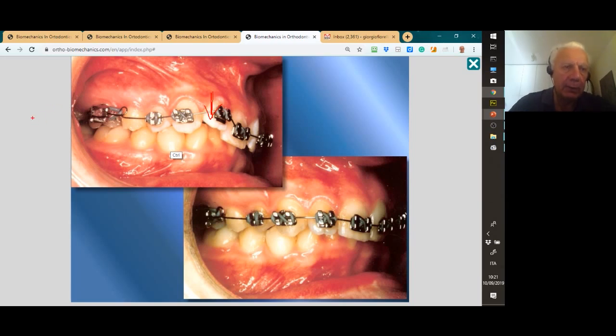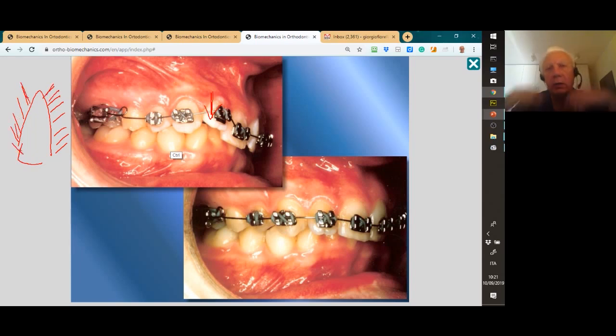Why is this? Because the root is only kept in its vertical position by these periodontal fibers, and you don't need any bone rearrangement in order to move the tooth in this direction by extruding it. On the contrary, the intrusion movement that would be generated for this central incisor requires that we start resorption of the bone in this area, and it takes much more time.